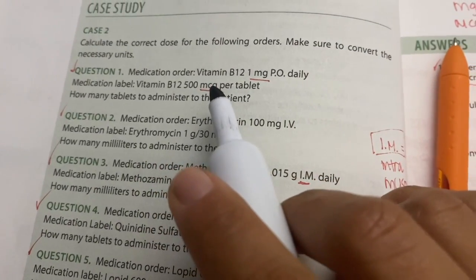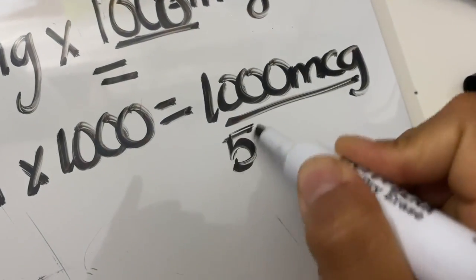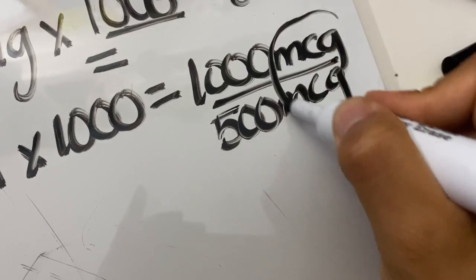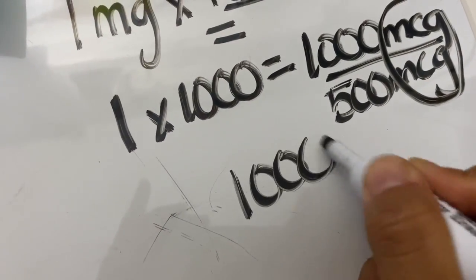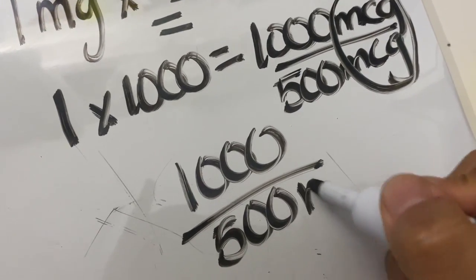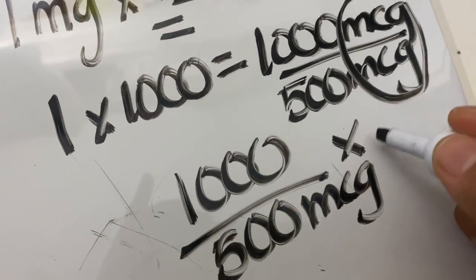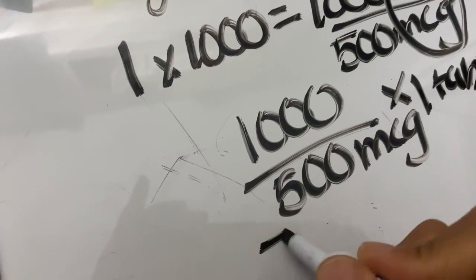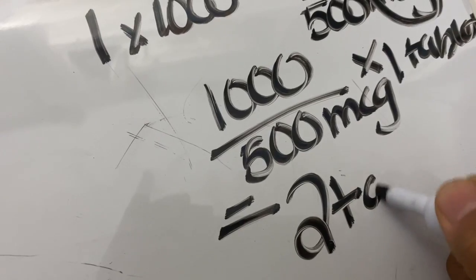All right, so as you could see, we're going to write the on hand, which is going to be a total of 500 micrograms. Now, is the top and the bottom the same? Yes, it is. Okay. Remember that it's times 1 tablet because that's what the question is asking you for. So your answer is going to be 2 tablets.